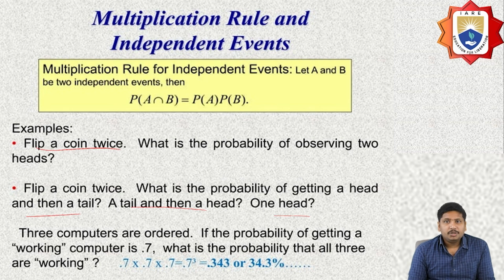So three computers are going to be ordered, and if the probability of getting a working computer is 0.7, what is the probability that all are working? For that, I'm going to write 0.7 to the power of 3, that is 34%.